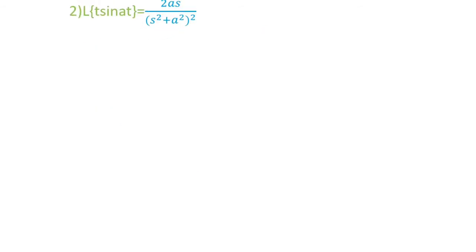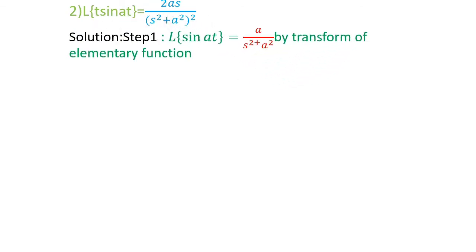Now the second question is Laplace transform of t sin at. We derive this formula. So we start from the same thing. Here f of t is sin at. So Laplace transform of sin at equals a upon s square plus a square by transform of elementary function.